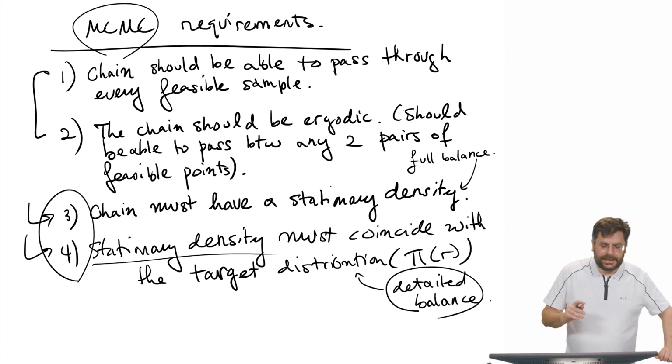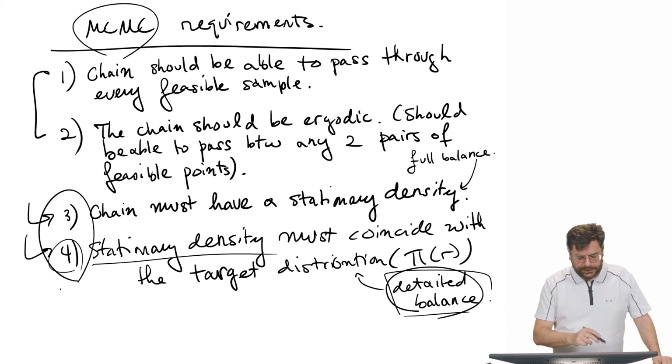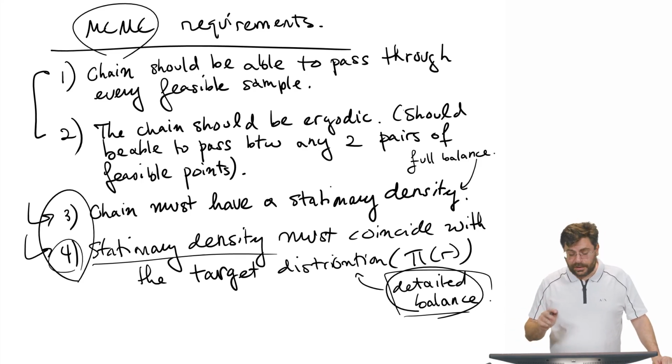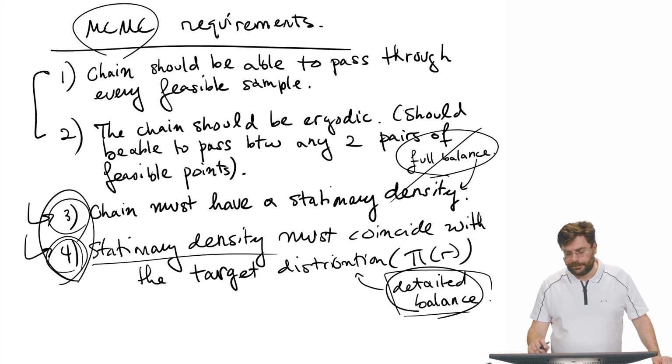In case you're interested in looking at the advanced section for how the acceptance probabilities are derived, detailed balance is a requirement of this condition, and it is a stronger condition than the full balance condition. Therefore, we simply use the detailed balance for both 3 and 4.